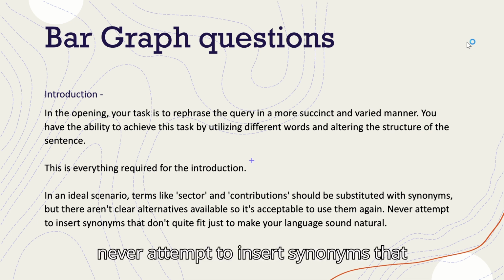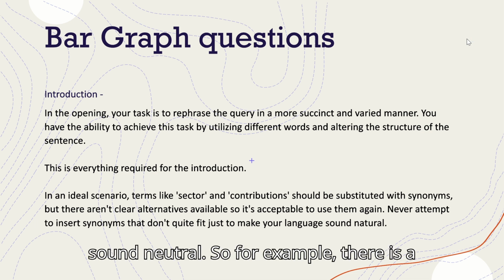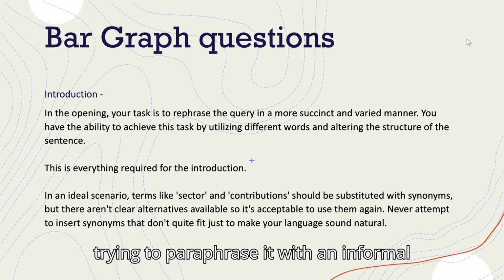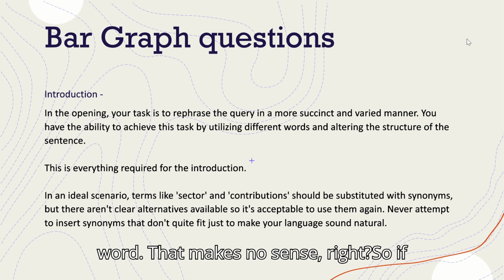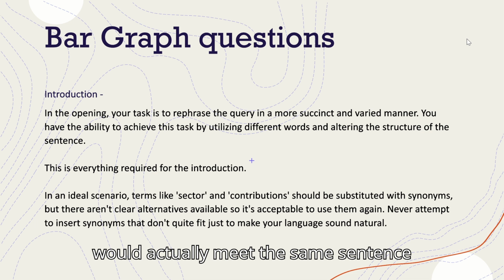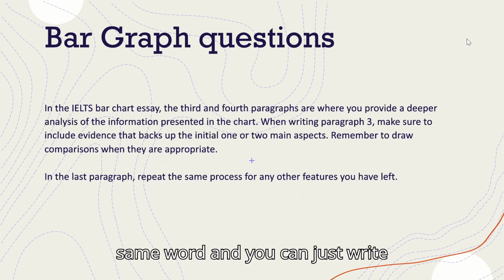Never attempt to insert synonyms that don't quite fit the language and sound natural. For example, if there is a formal word and you're trying to paraphrase it with an informal word, that makes no sense, right? So if you don't find a paraphrase that actually carries the same meaning, then you can use the same word and just write the sentence in a different way.